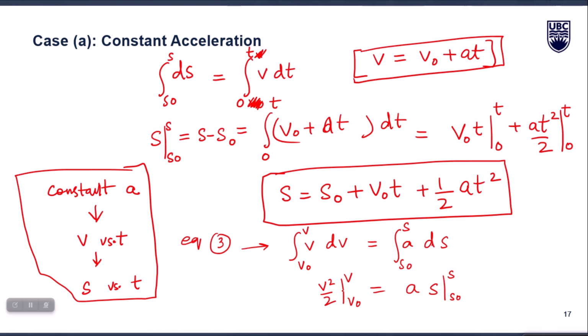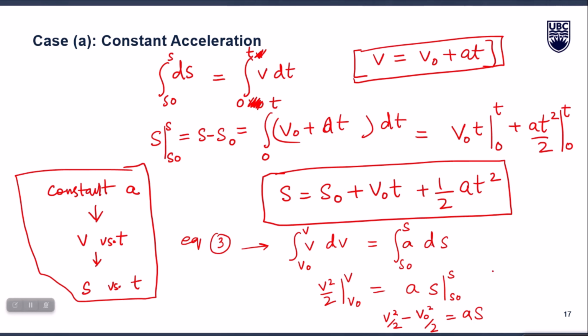So this will give us another relationship for the constant acceleration case, and you will also be applying that in different problems. That relationship becomes V squared by 2 minus V naught squared by 2 equals A S, right?